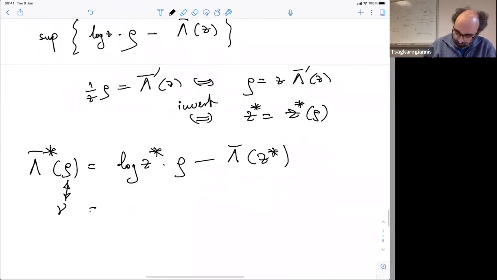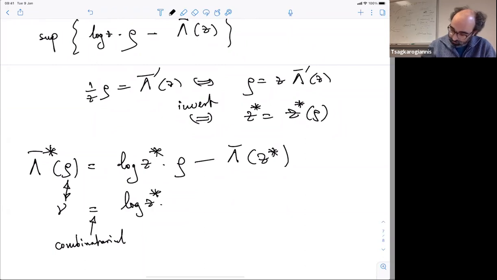And here there is another combinatorial identity. So this will be log z star times, yeah, I need this formula. I need to compute this formula here.